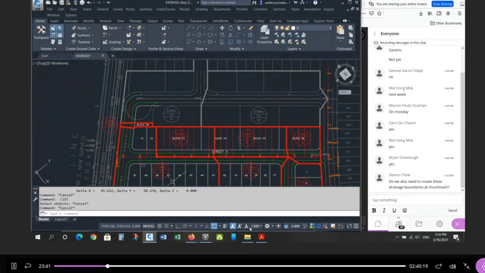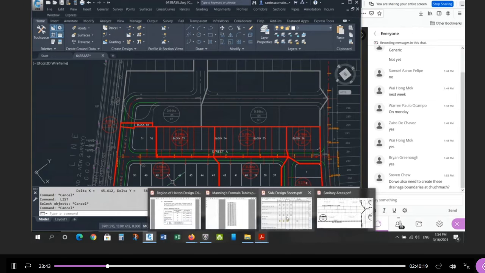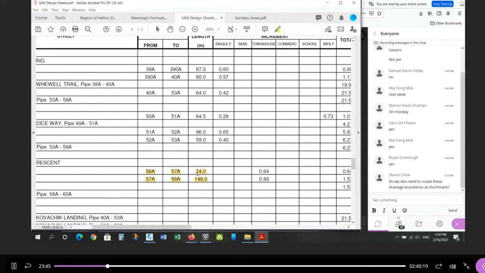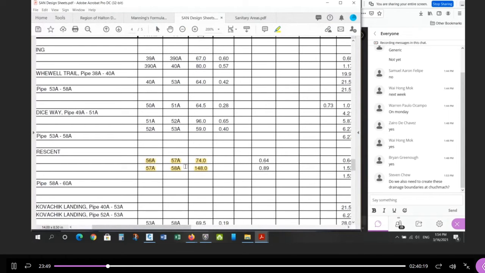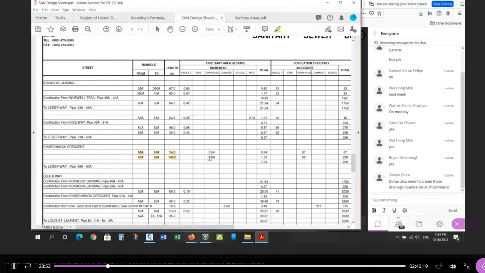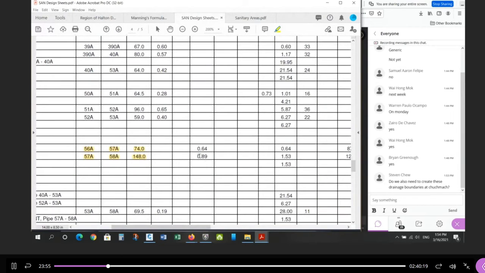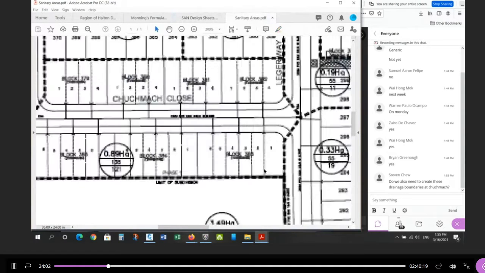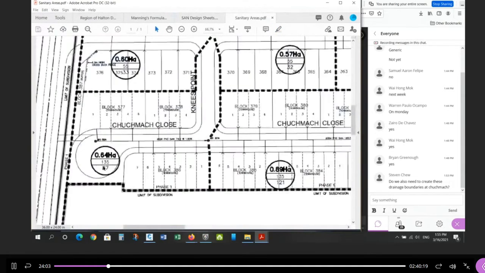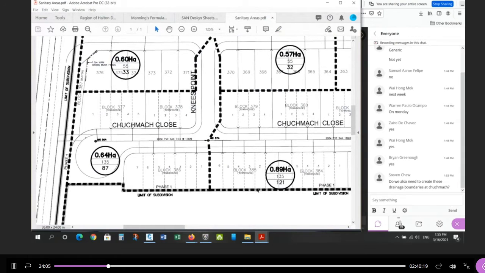Whatever method you choose, however you get the length, you then have to go to the design sheet and type the length in. So everything I've highlighted, you have to type. That's something you have to input into the sheet. The areas now come from your drainage areas. So 0.64 and 0.89, that comes from the drawing.